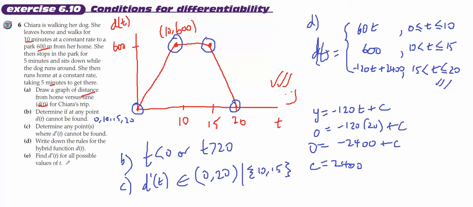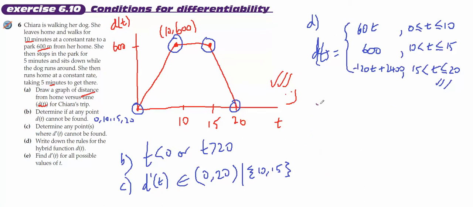And E, find the derivative for all possible values of t. Okay, I'm just going to get rid of this bit here. To do part E, I want d dash of t. That's going to equal the derivative of this, or 60, when t goes from, notice I haven't included 0 and I haven't included 10.